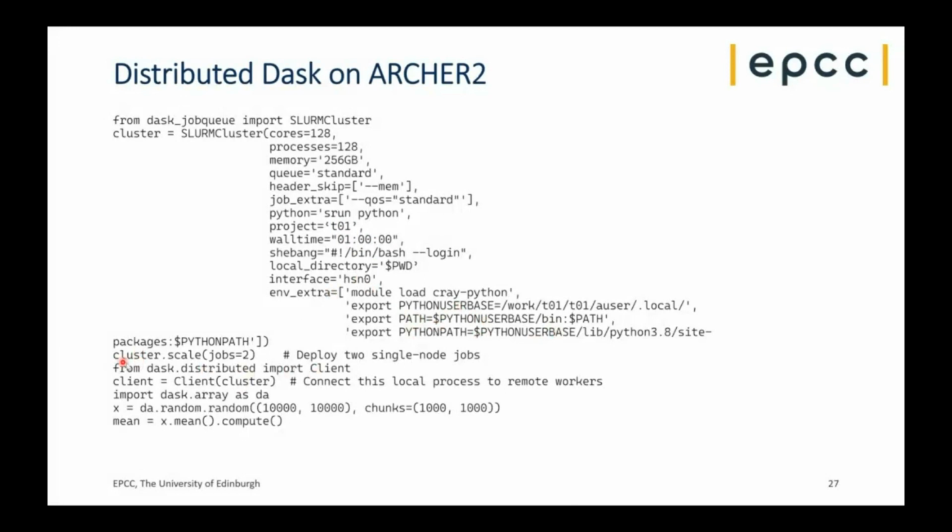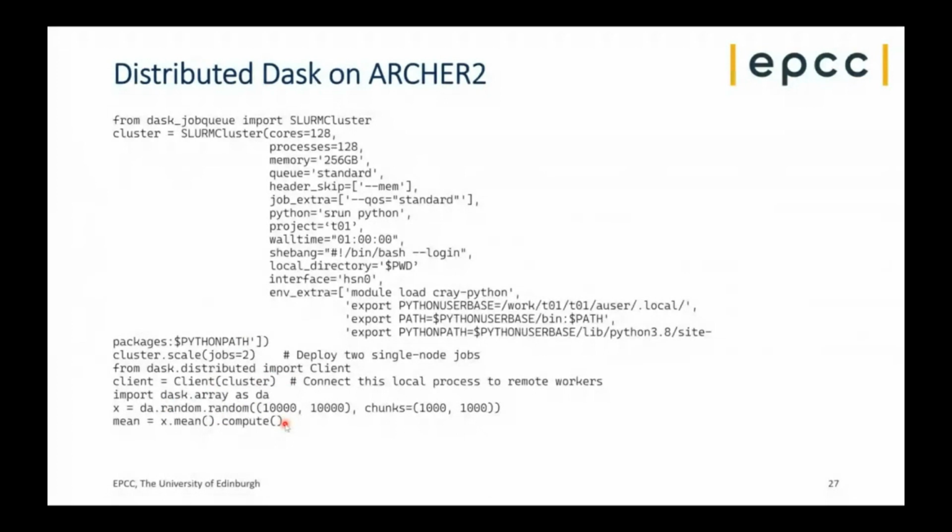Once you have that, you can set up a cluster inside your program that says run 2 jobs, create a client, and once you set that client up, this will connect your 2 nodes together, and Dask just uses that when you go off to do your compute here.